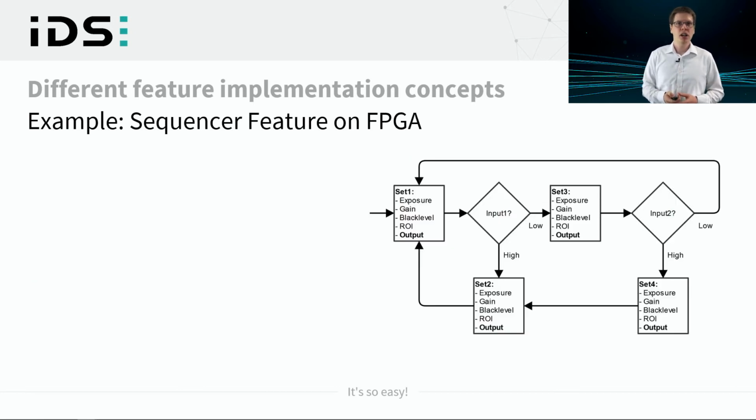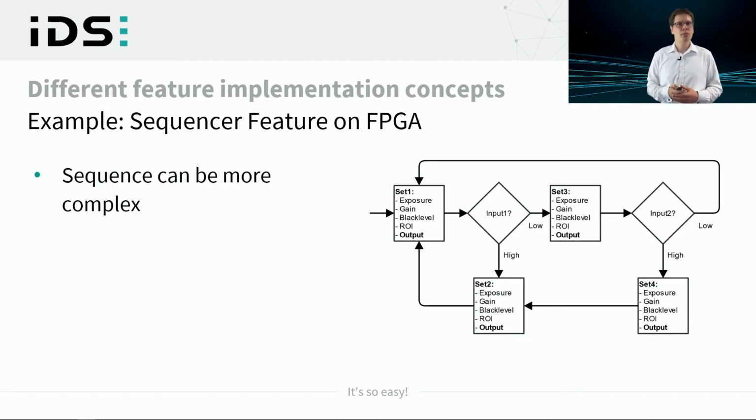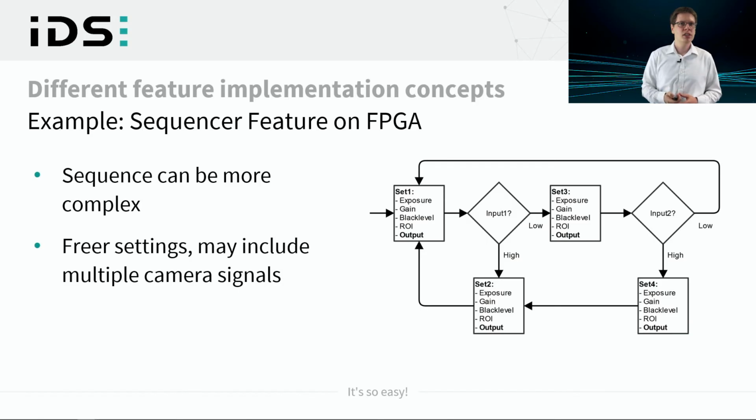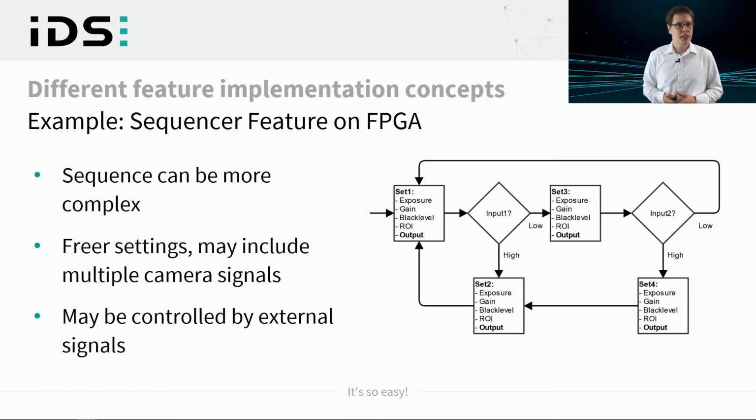Let's have a look at a possible camera sequence within an FPGA. There are more complex settings for each frame, like additional camera internal signals of input-outputs. Also, the path may be more complex and controlled within the camera and from input signals.